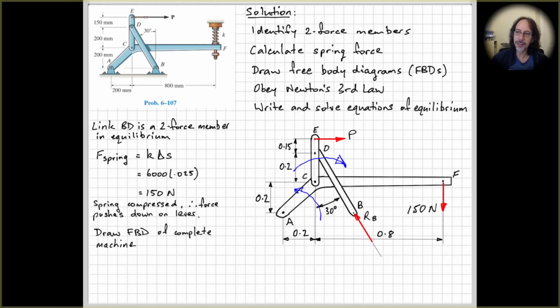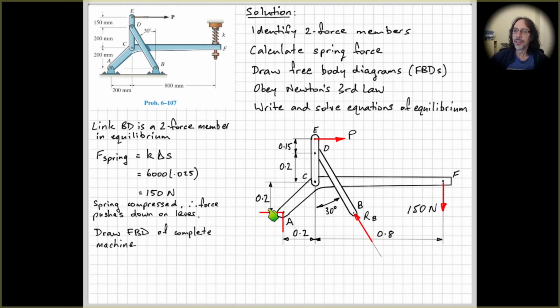Also, our force out here is tending to cause a clockwise rotation. So further evidence that this needs to be pushing up to the left to give us an anti-clockwise rotation for equilibrium. Okay, now let's go and look at forces at the support at A.